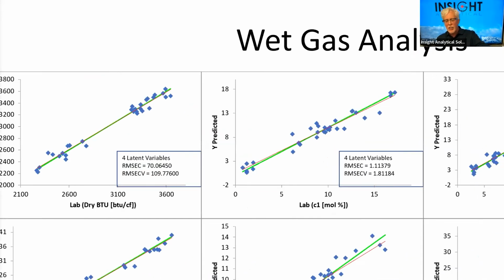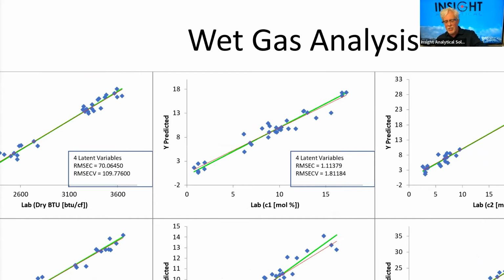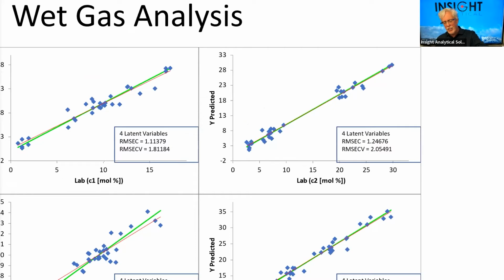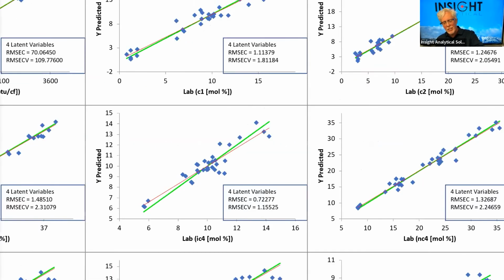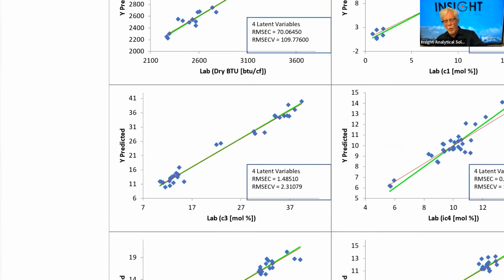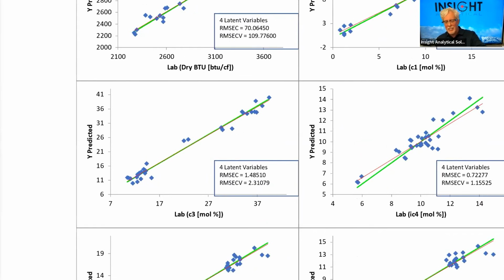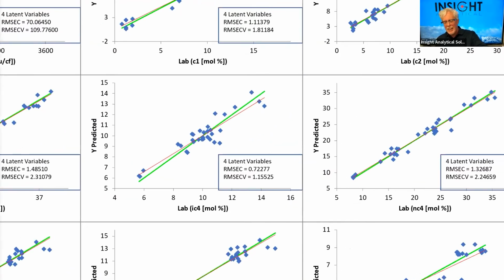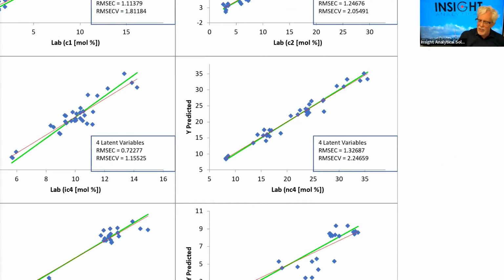Here are our methane variations from 0 to about 20%. Our ethane variations from about 4 to about 35%. Propane variations from maybe 10 to 40%. Isobutane from about 6 to 15, n-butane from about 10 to 35.